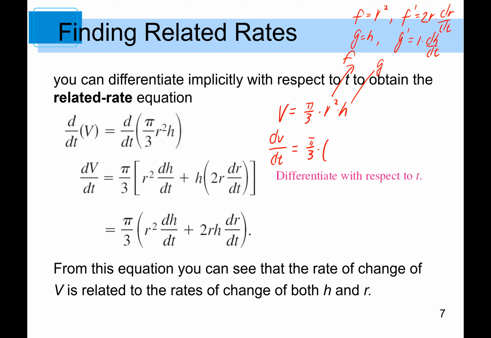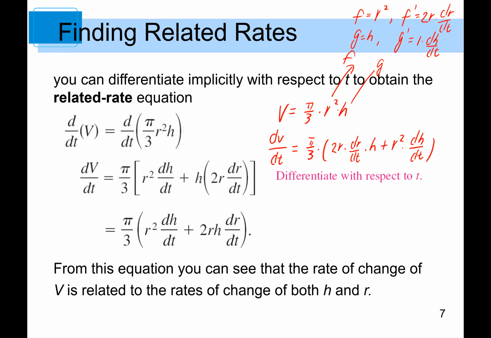Then we just apply the product rule. So f prime, 2r times dr over dt, times g, which is h, plus f times g prime, so it's r squared times dh over dt.